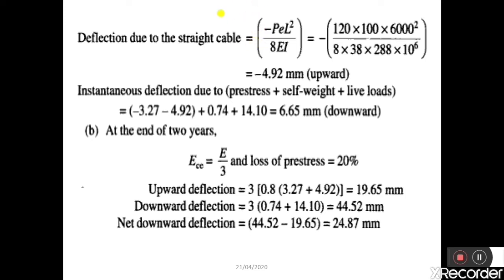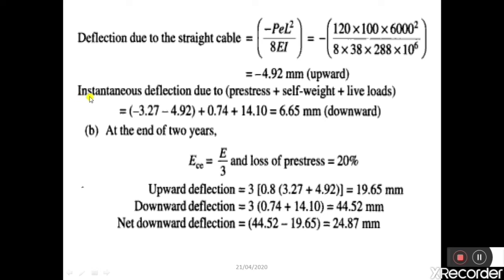P is the pre-stressing force in the straight cable, which is 120 kilonewton. E is 100. Span is 6 meters. So 8 into EI, Young's modulus of concrete and moment of inertia, that gives minus 4.92 mm. Again, the minus sign is indicating upward deflection.